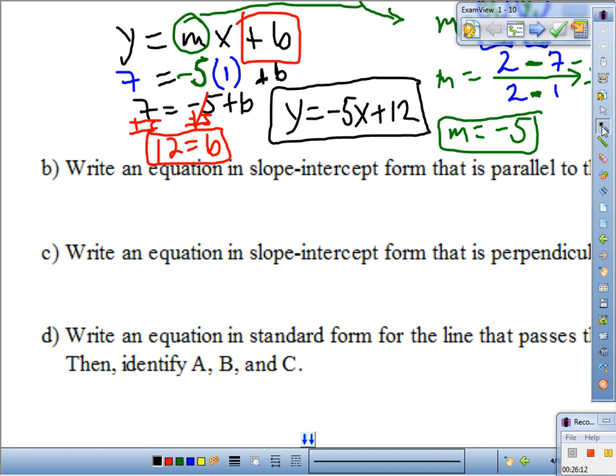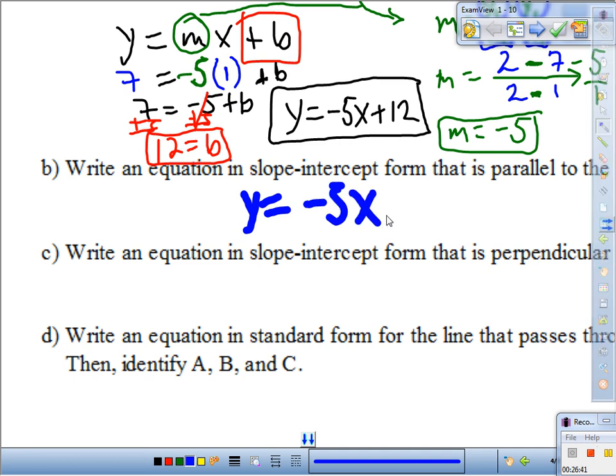All right. Let's see. Yoann, go. Slope-intercept form parallel to that one. y equals negative 5x. What else? Plus 11. Hands if you agree with that. Parallel? Yes, that is a parallel. All right? Let's go to the next one.